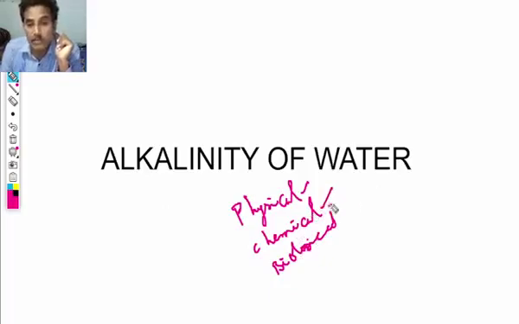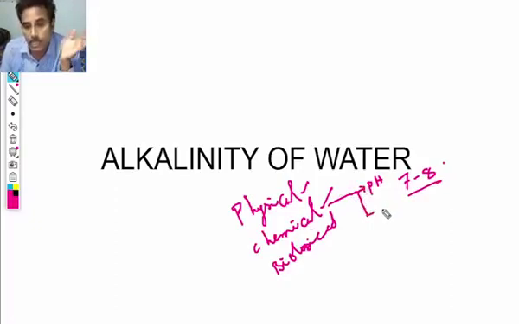When you come to the chemical parameters, first you check whether the pH is within the limit or not. Generally a pH of 7 to 8 is fine for drinking water. If the pH is good, then you go for the hardness, which is also one of the water quality parameters.